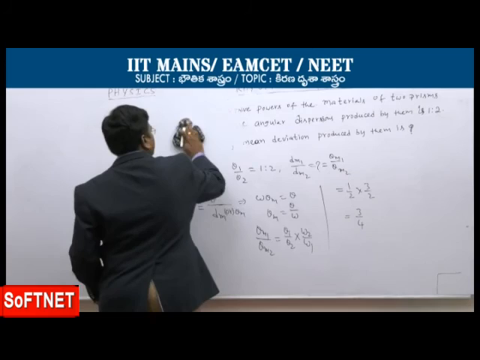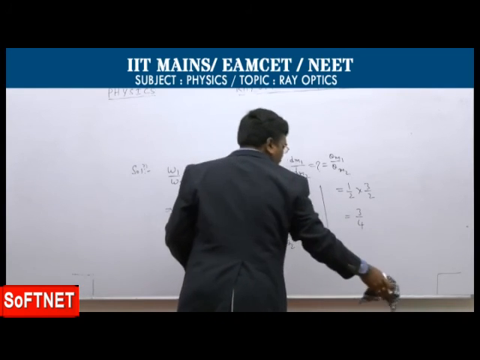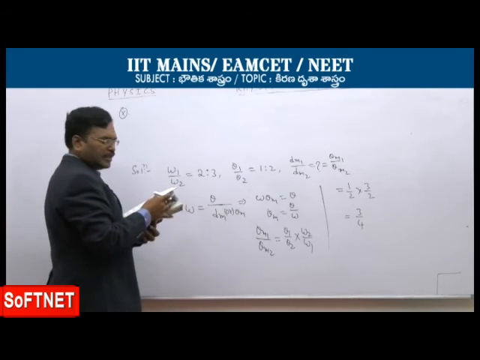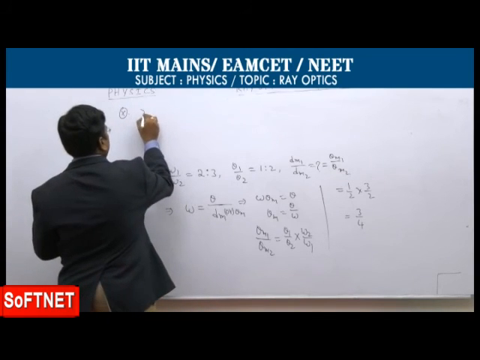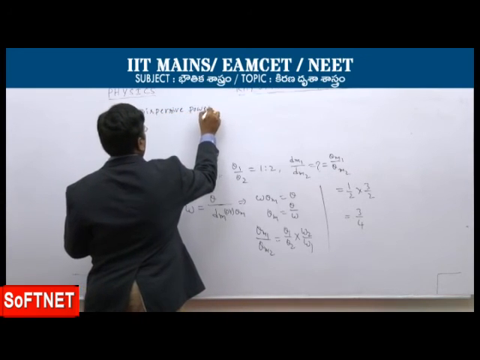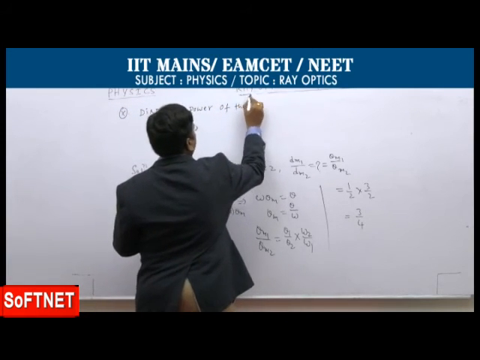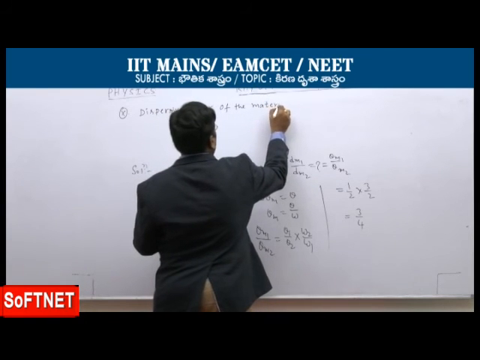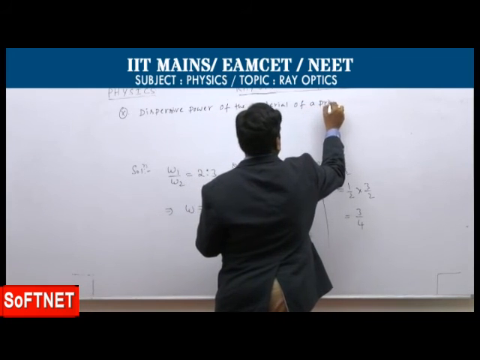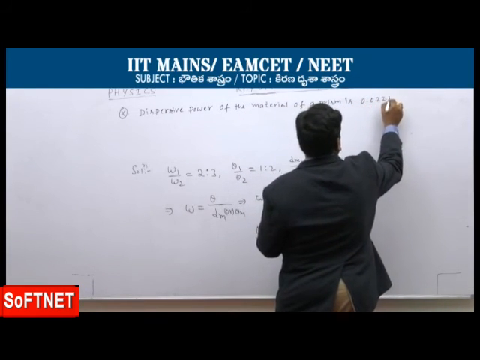We have the next question. The dispersive power of the material of a prism is 0.0221.